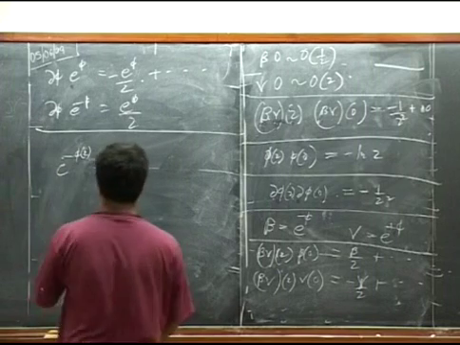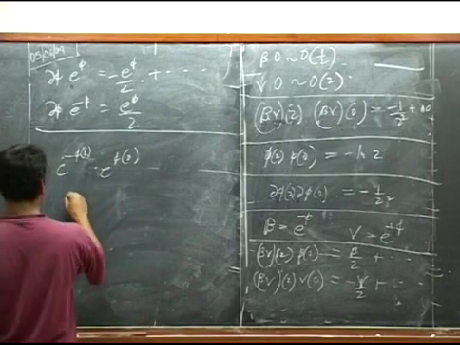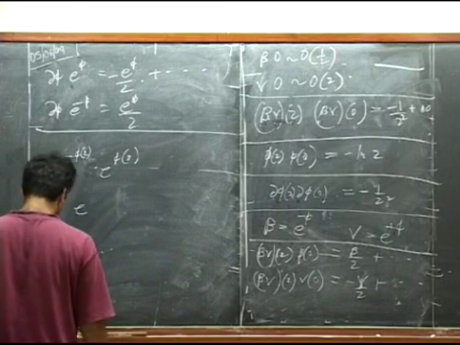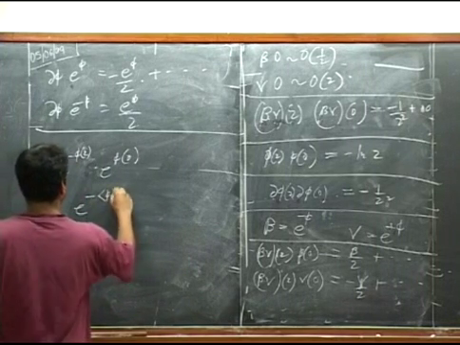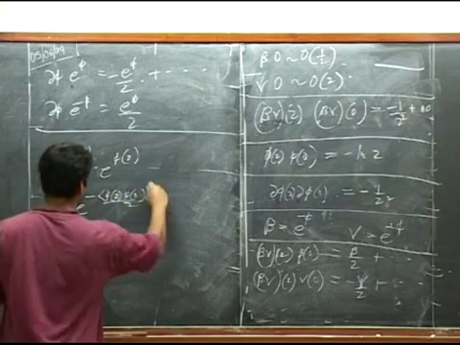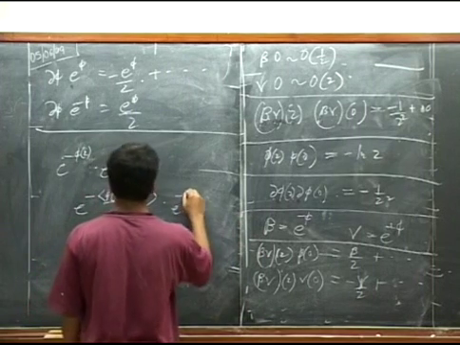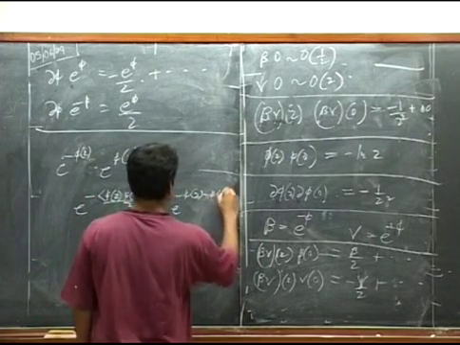Now this thing is equal to e to the power minus phi of z phi of 0, times normal ordered e to the power minus phi of z plus phi.